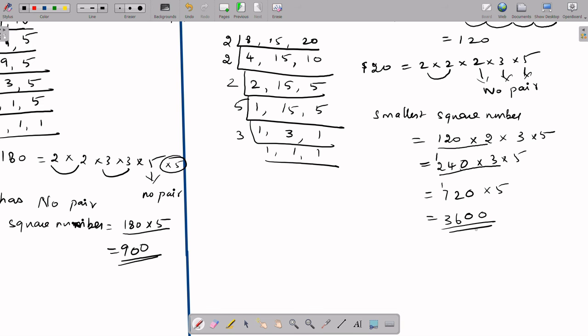That is our smallest square number divisible by 8, 15 and 20. The required square number is 3600. This is our answer.